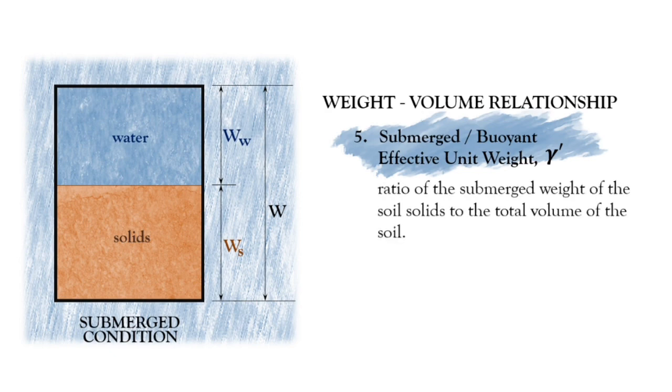So, ang formula natin dito or ang ratio natin dito is the ratio of the submerged weight of the soil solids to the total volume of the soil. So, that is gamma prime is equals to the submerged weight of the soil solids all over the total volume. So, tandaan niyo submerged weight of the soil solids, not the entire soil.